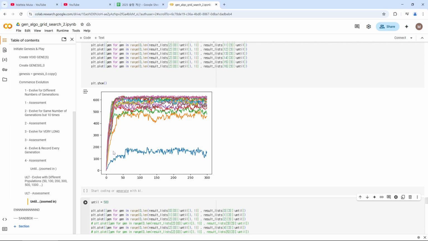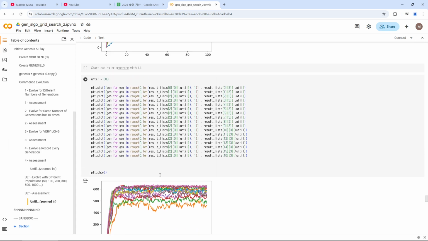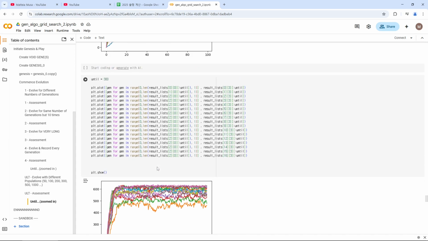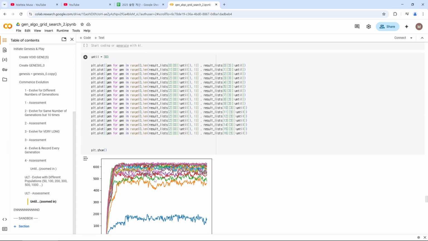Another thing is that all the ones that come right above is this. This blue squiggly line is for population 10. This orange one is probably for population 50, and then the one after that is probably for 100, 200, 300, 400, and on and on until 2000.